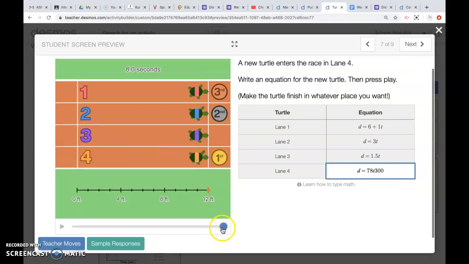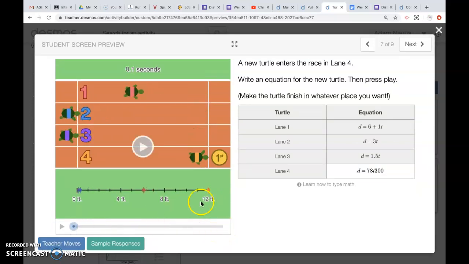So if you're watching this video, you're going to get a free answer to the Google form question. And here's the answer. So kudos to you for watching these. 78 is feet per second. So this turtle in lane 4 is traveling at 78 feet per second. And negative 300 means that it's 300 feet behind the starting line.